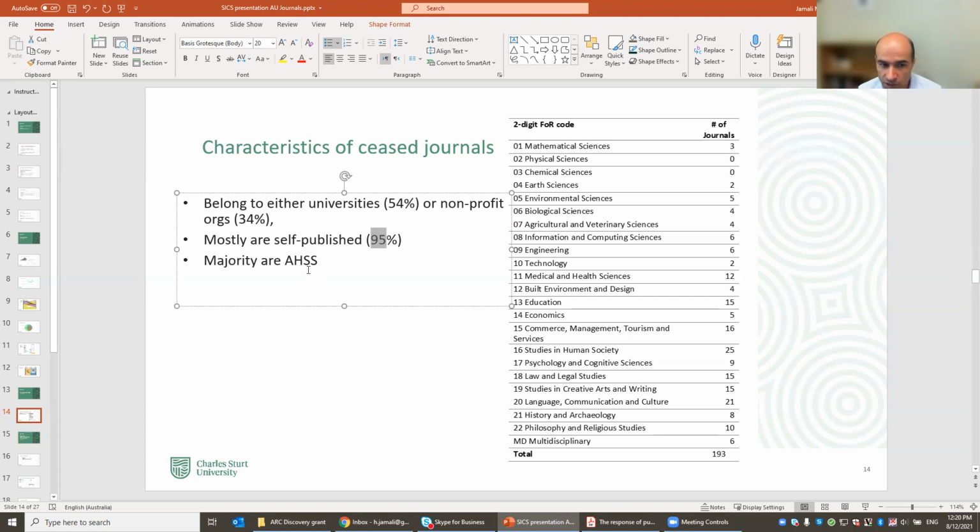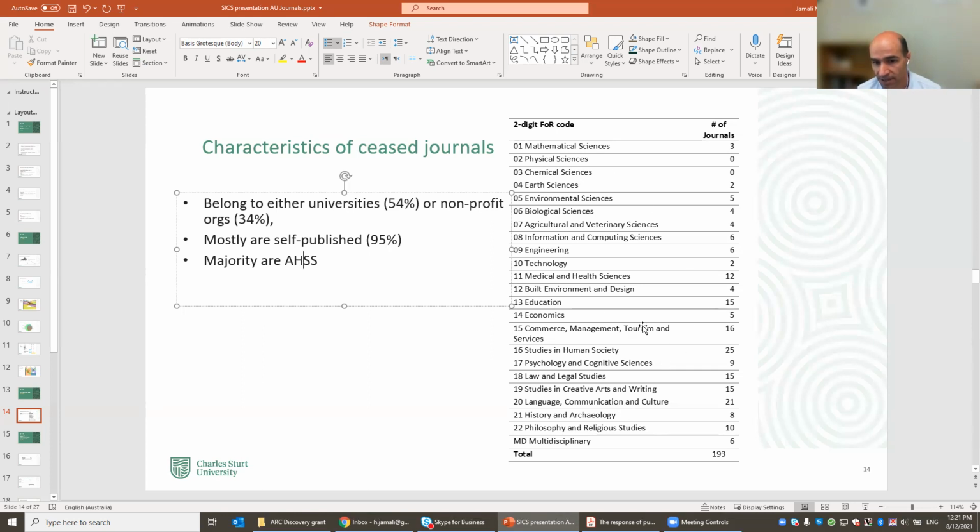And again, the majority of them were arts, humanities, and social sciences, which is concerning because this is the area where you would need more local journals, because scholars in these areas look for more local journals because they want to publish in local journals to get that audience from the country. And this is the distribution of FOR codes.